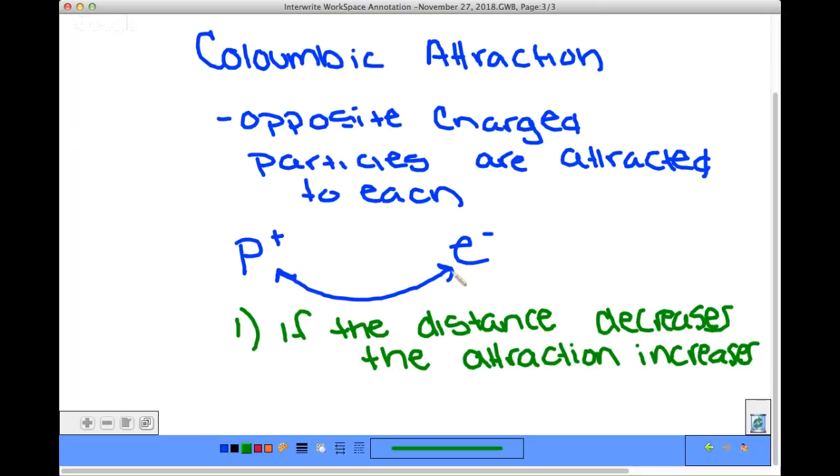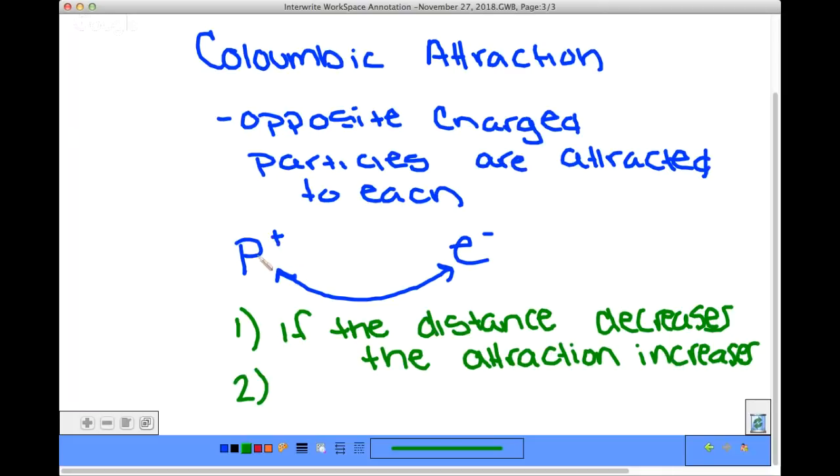So the closer these 2 particles get to each other, the more attracted they're going to be. The further away they are from each other, the less attraction there is, that force that holds them together. So if the distance decreases, the attraction increases.